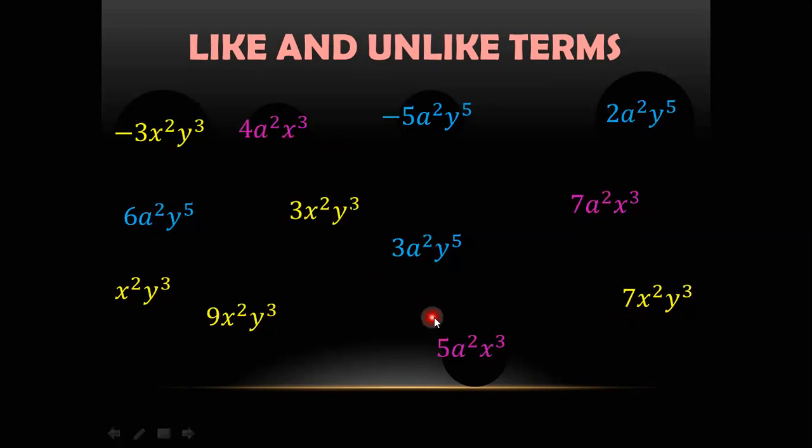For your convenience, I have given them certain colors so that you can easily identify the like terms. So if I compare this yellow 3x square y cube and this blue 3a square y5, here the coefficients are the same, but the terms are not alike. They are not like terms.